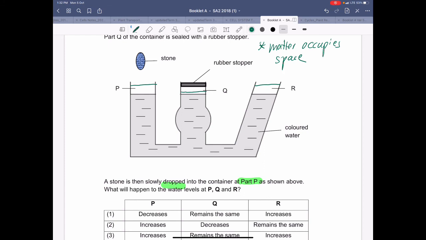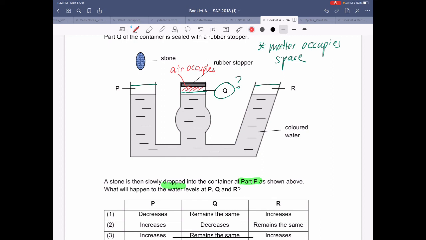Now, the only one in question is actually Q. How much the water level at Q increases really depends on the experiment itself. So this is a bit tricky. The water level at Q could either remain the same or increase by a little. The reason is that there is air here, and this air also occupies space.